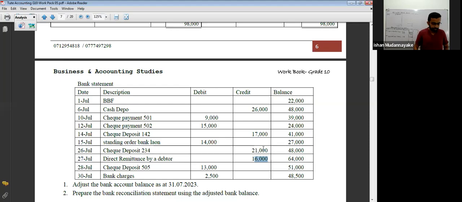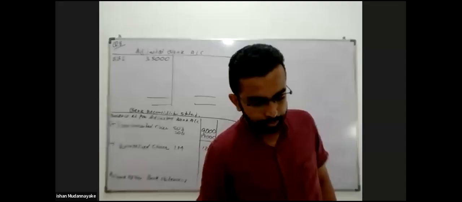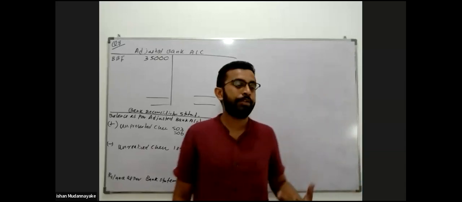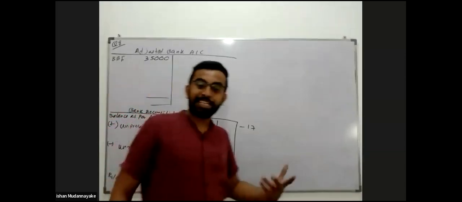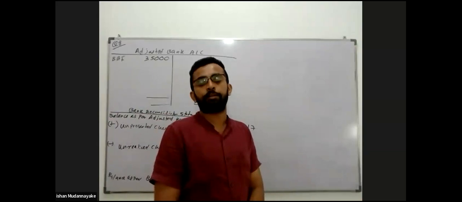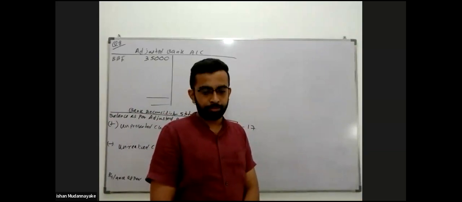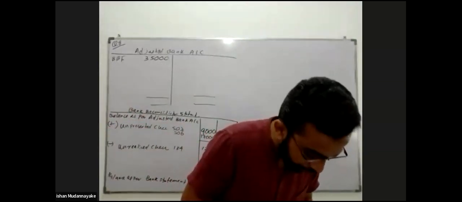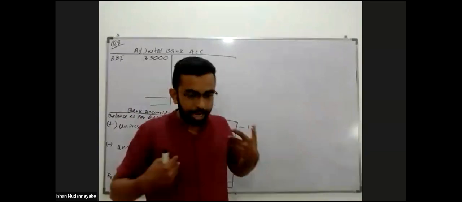One of the debtors directly deposited 60,000 cash into the bank account, but until we receive a bank statement, the business is not aware. Where do we record this direct remittance? We haven't recorded it.